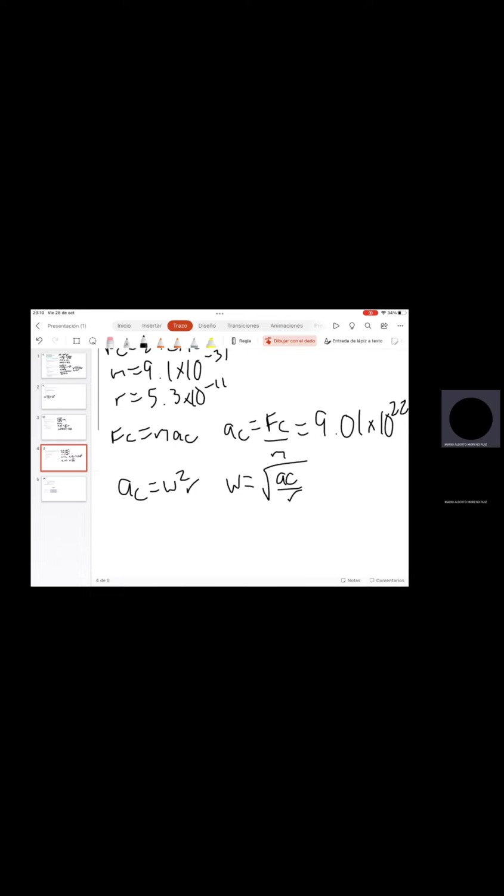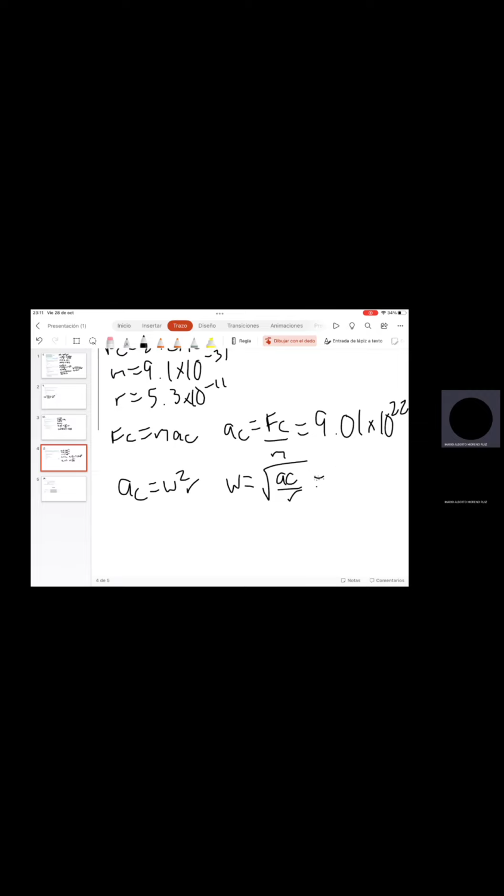So we will do 9.01 times 10 to the 22 over the radius, that is 5.3 times 10 to the minus 11.